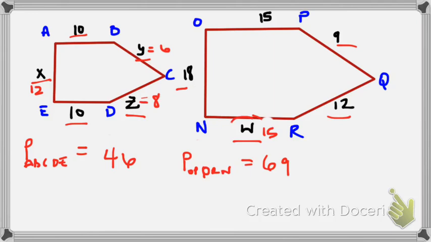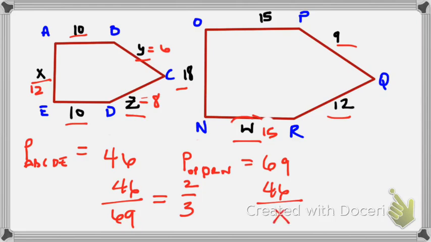Now, watch what happens when I take 46 and I put it over 69. If I reduce that, what do I get? That's right, it's 2/3. So, if I wanted to figure out the perimeter of the larger one and I only knew the small one, I could have said, okay, 46 over what is equal to 2/3?